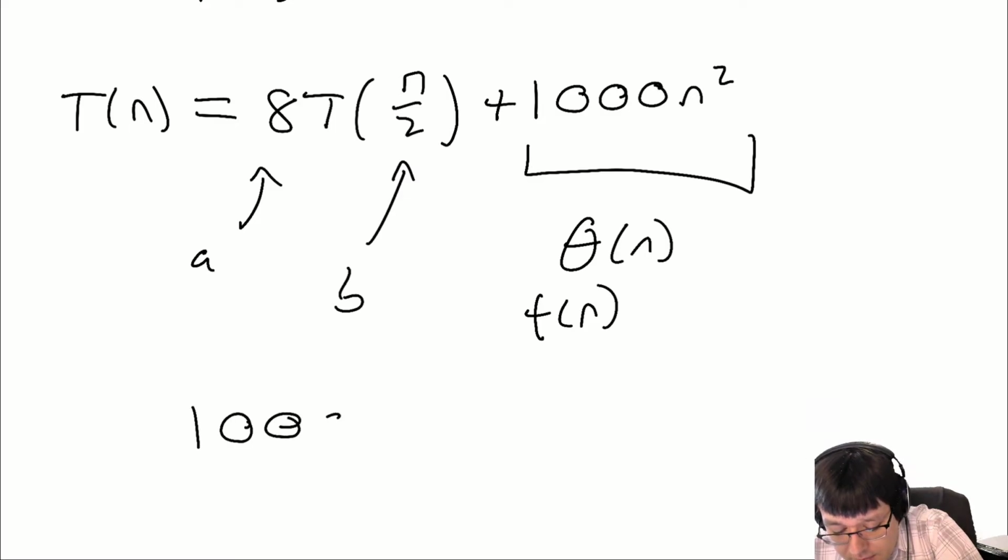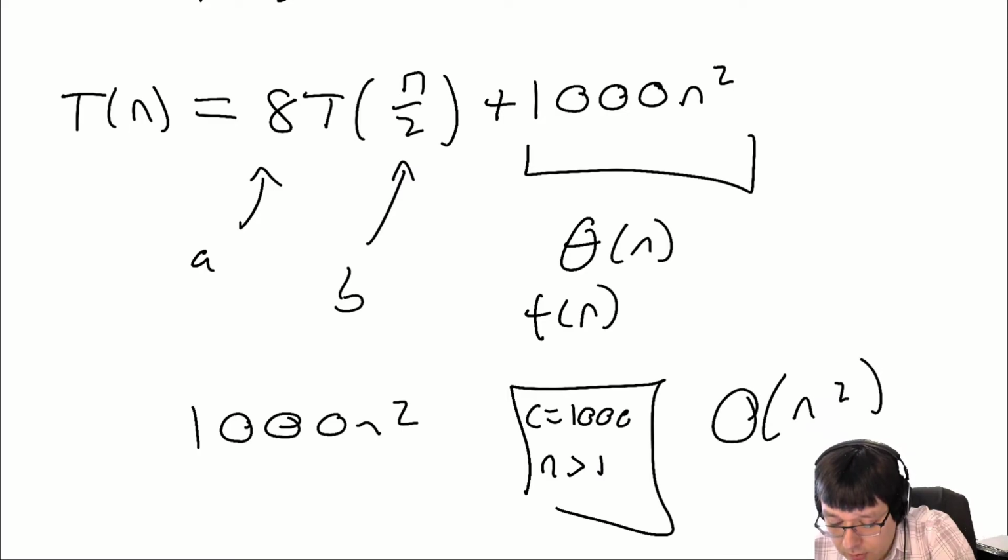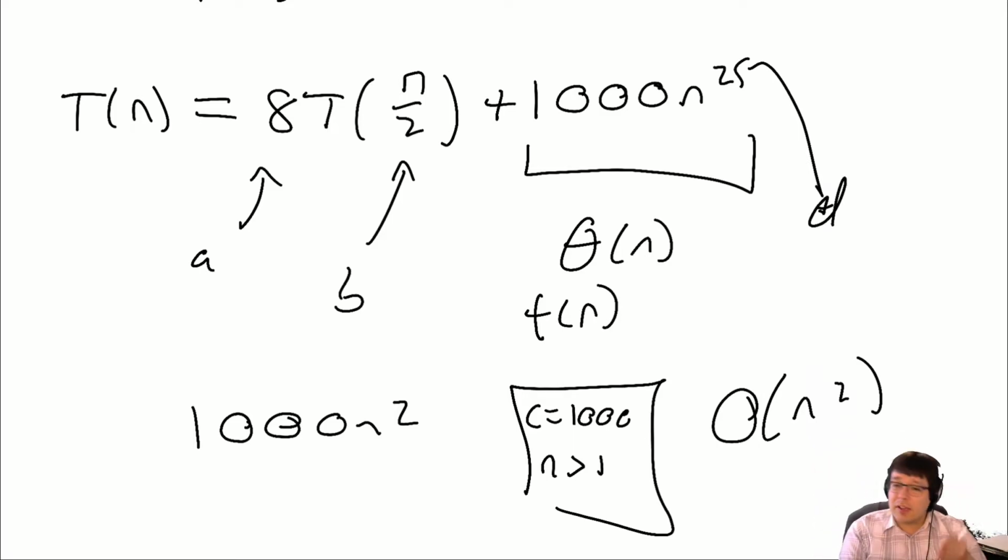A lot of the time it seems almost redundant to do this because you got used to it. This is now going to be C equal to 1,000, and n greater than 1. Essentially, this belongs to n squared, right? So your D is just that. Those are usually most of the cases, very straightforward ones, because if they weren't, it wouldn't work for the Master Theorem.